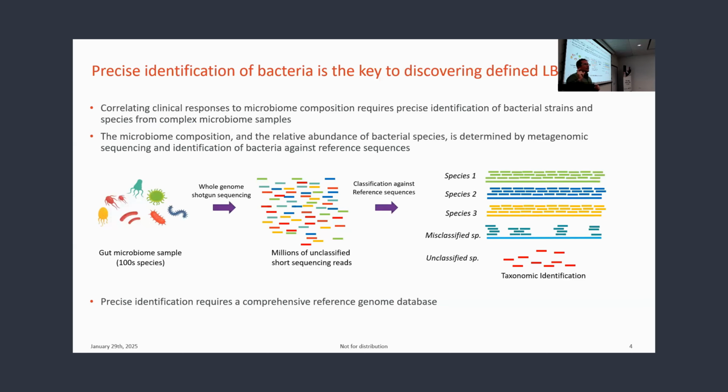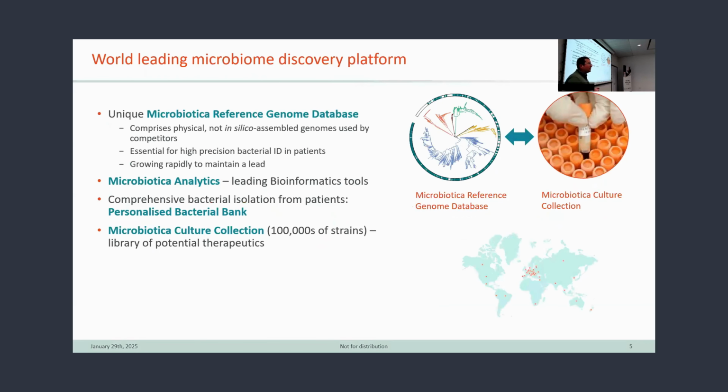Here, the reference genome database is very, very important. The more comprehensive and deeper that database, the more species you are capable of identifying, and the more precise the microbiome characterization is. So it really pinpoints the importance of the reference genome database in use. And that's what sets Microbiotica apart from other companies in the field.